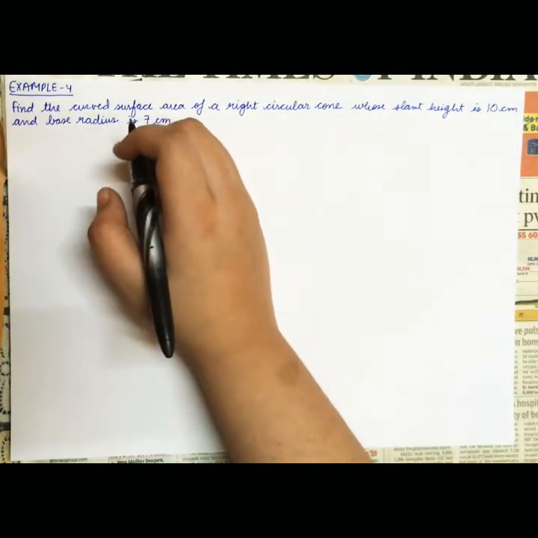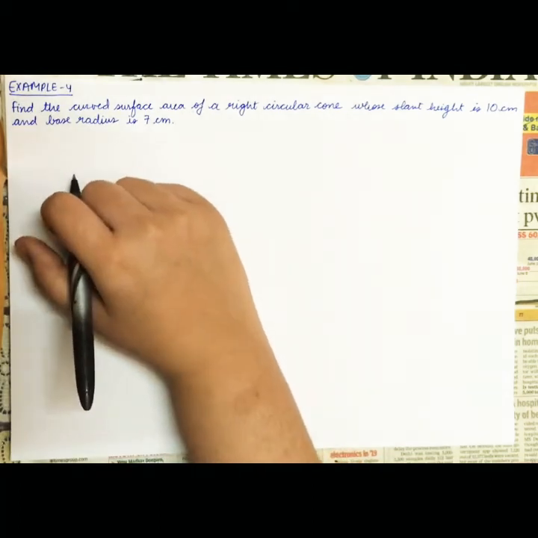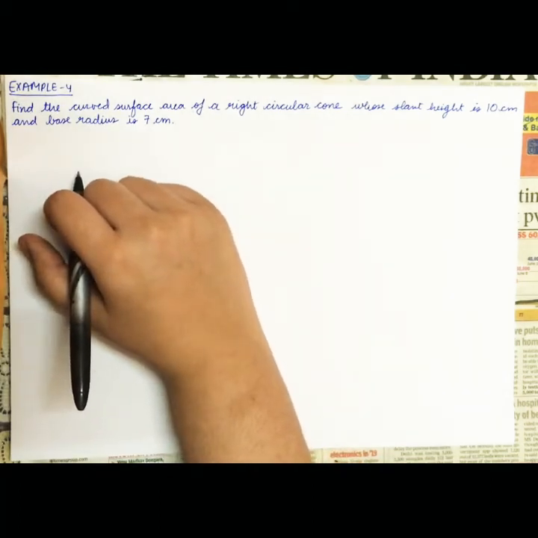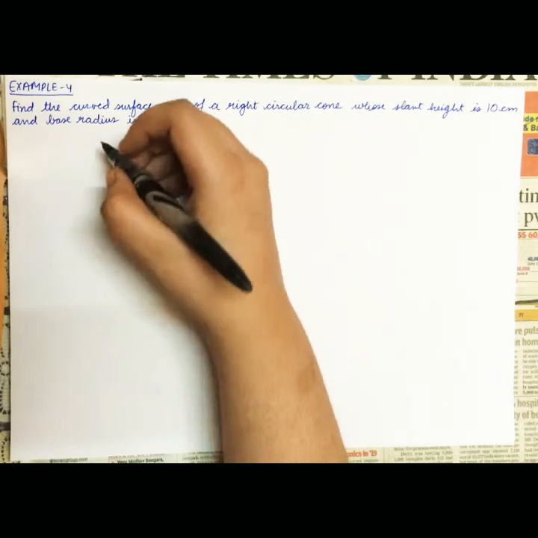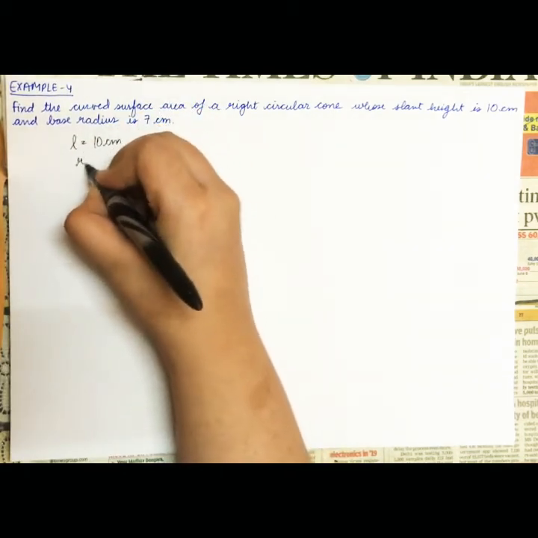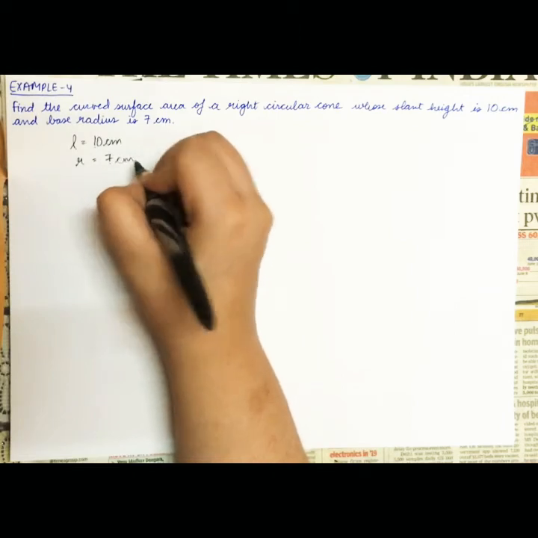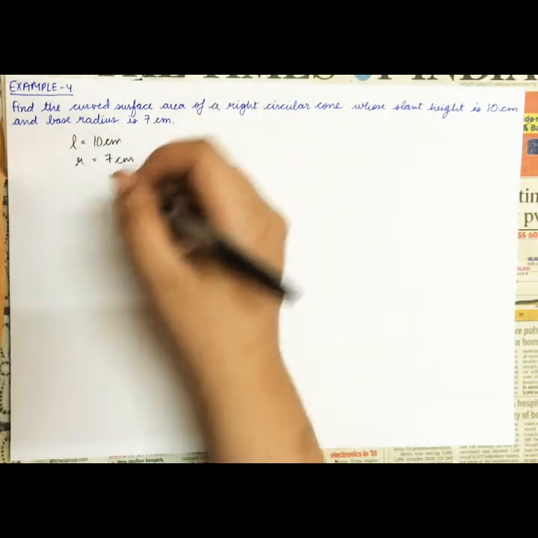Example number 4. Find the curved surface area of a right circular cone whose slant height is 10 cm and base radius is 7 cm. So here L is equal to 10 cm and radius is equal to 7 cm. We have to find the curved surface area of the cone.